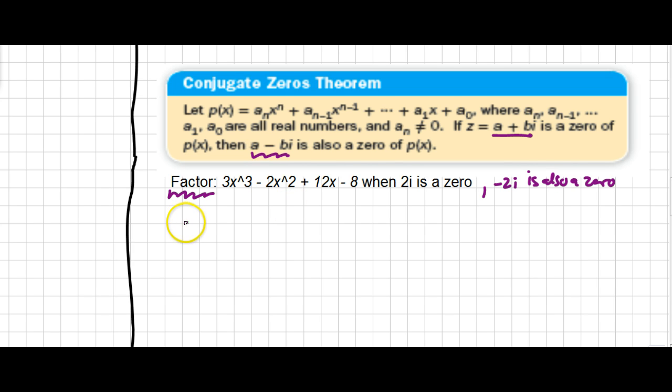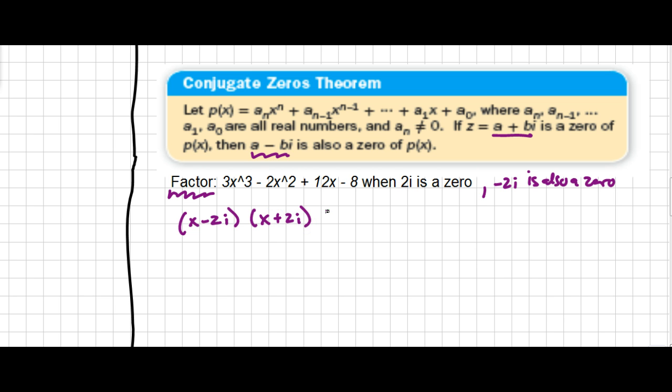Remember that when you have 2 as a zero, the factor that goes with it is x minus 2. Well, the same thing is true for complex zeros. So if I have 2i as a zero, x minus 2i is going to be one of the factors. Remember too that its complex conjugate is also going to be a zero, so x plus 2i is also going to be a factor.